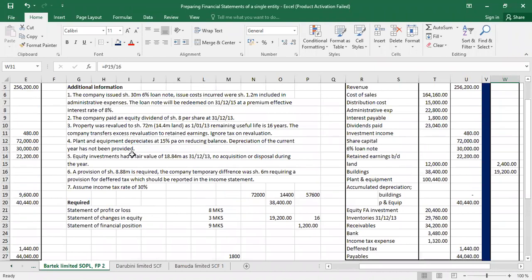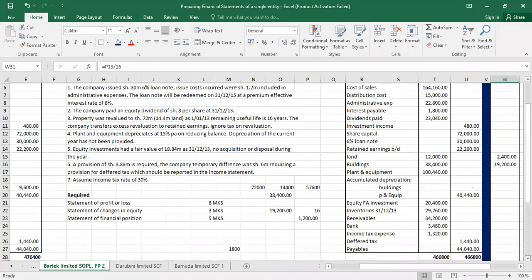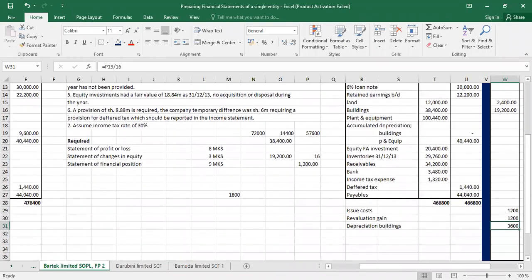So plant and equipment depreciates at 15% per annum on reducing balance. Depreciation of the current year has not been provided. So depreciation, plant and equipment. So I'll just call it plant and equipment, isn't it? So equal, it is on reducing balance, isn't it?